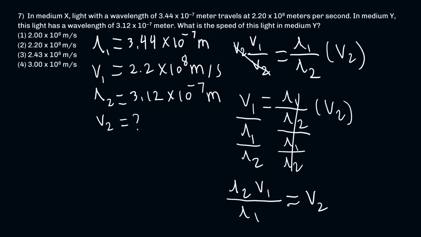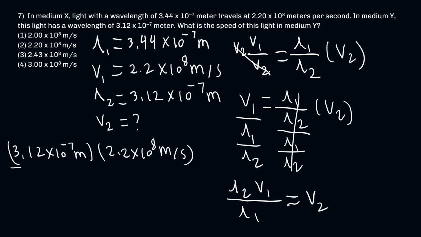So I have here wavelength 2, that is 3.12 times 10 to the negative 7th meter. That is then going to be multiplied by my v1, which is 2.2 times 10 to the 8th meters per second. That is all over my wavelength 1, which is 3.44 times 10 to the negative 7th meters.